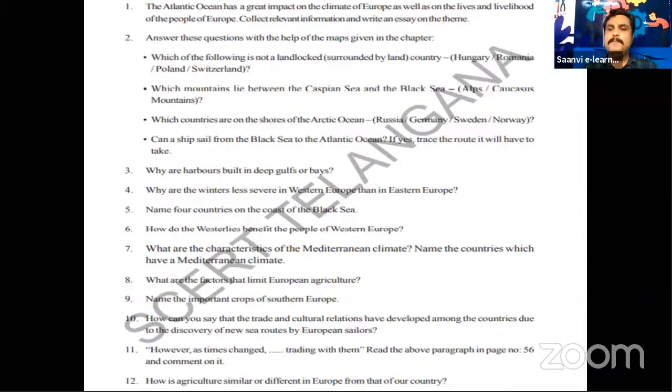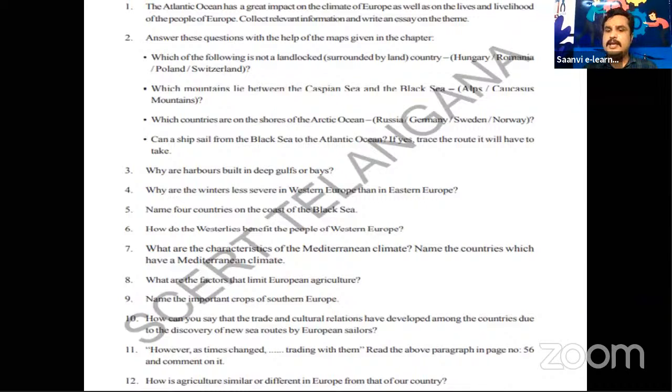The route is the Black Sea to the waters between Turkey and Bulgaria, to the Mediterranean Sea, to the Atlantic Ocean. Once again, the route is Black Sea to the waters between Turkey and Bulgaria to the Mediterranean Sea to the Atlantic Ocean.